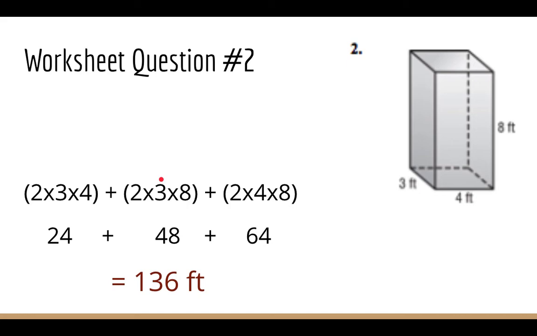We'll do the second question on the worksheet. This rectangular prism is 3 by 4 by 8. So I'm going to give you just a few seconds here to just stare at the numbers I have plugged into the formula.